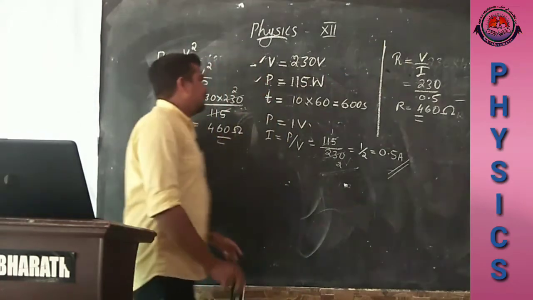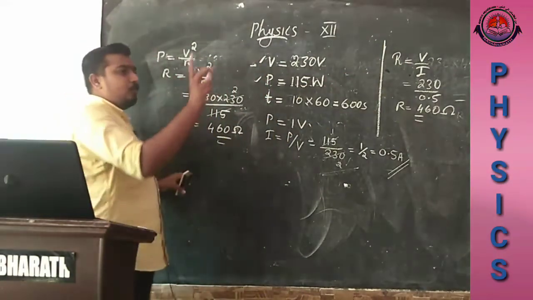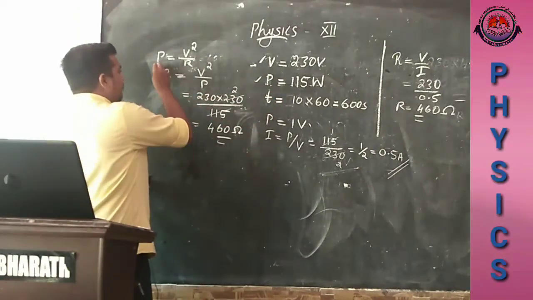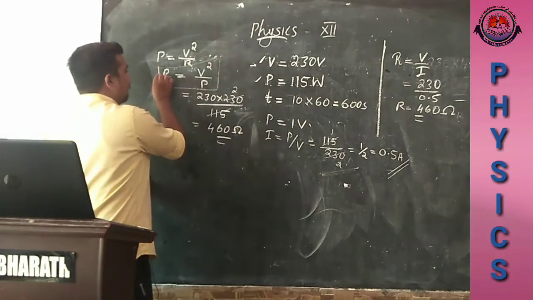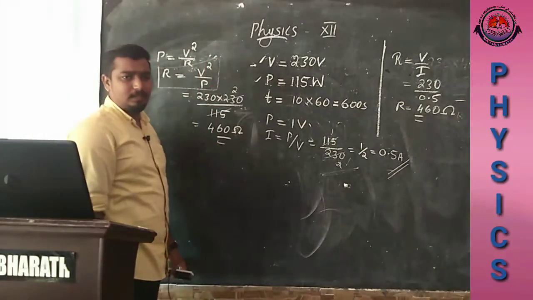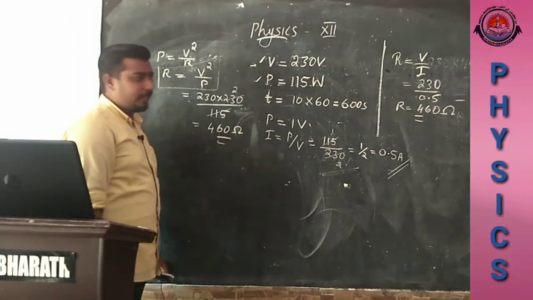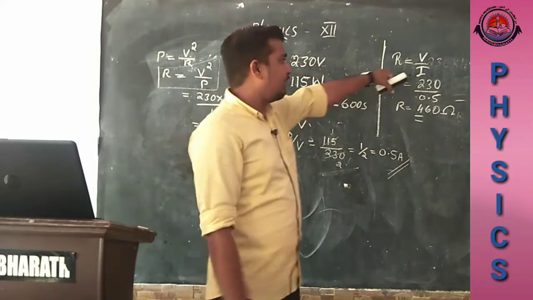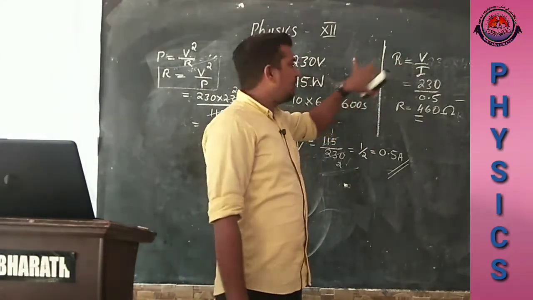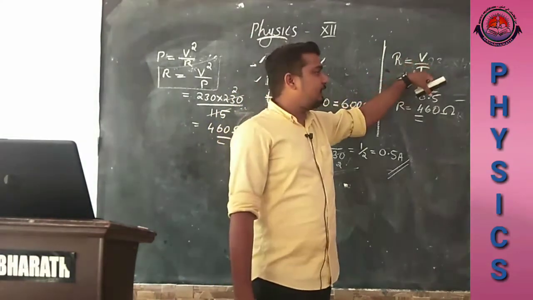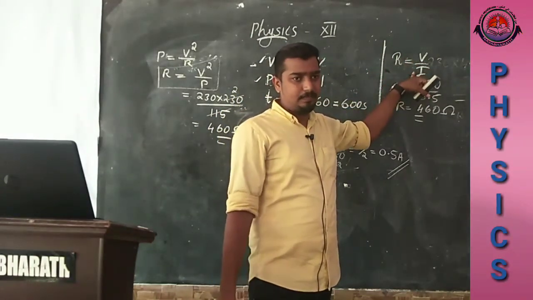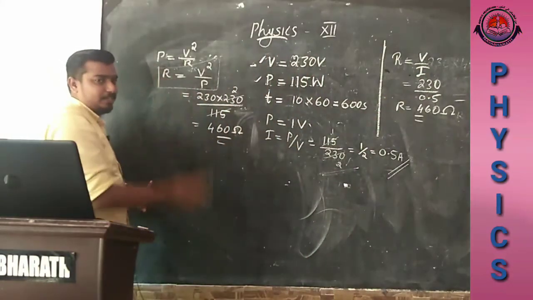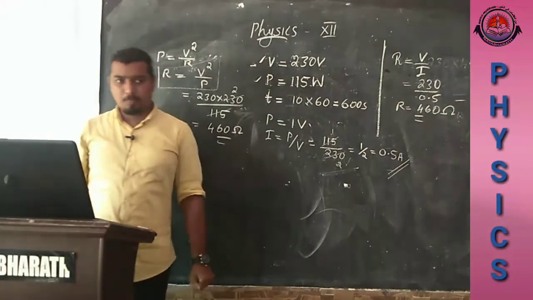So if the voltage is varying, do not use the R equal to V by I method to calculate the resistance, because when the voltage is changed, the current also changes. At that time you use the equation R equal to V square by P.